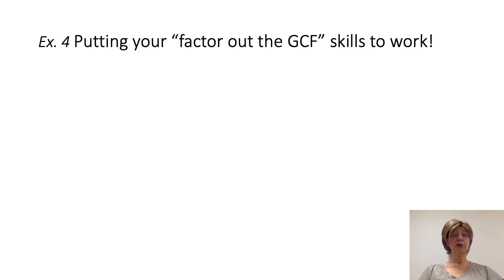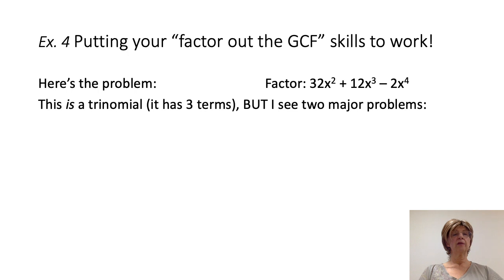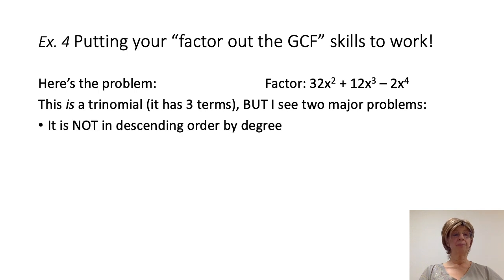Example 4 puts your factor out the greatest common factor skills to work. Here's the problem. Factor 32x squared plus 12x cubed minus 2x to the 4th. This is a trinomial. It has 3 terms, but I see 2 major problems. It is not in descending order by degree. And what's up with x cubed and x to the 4th?